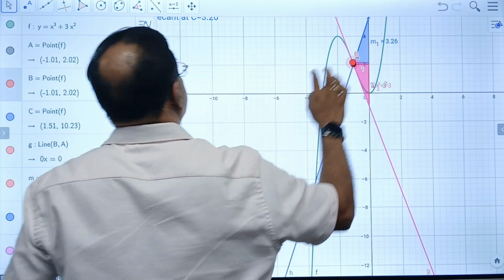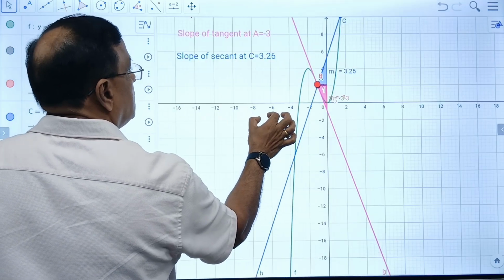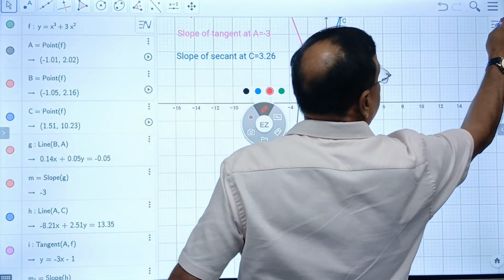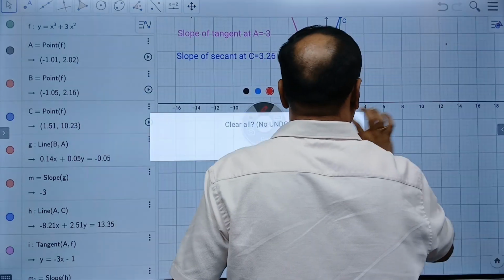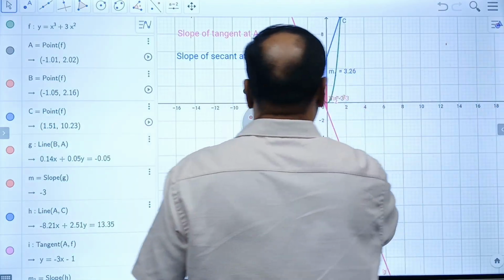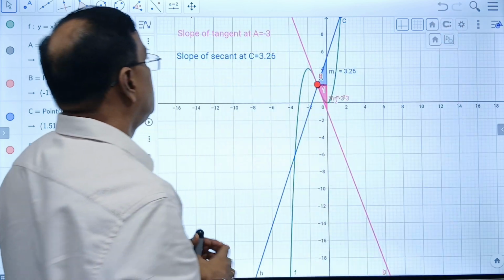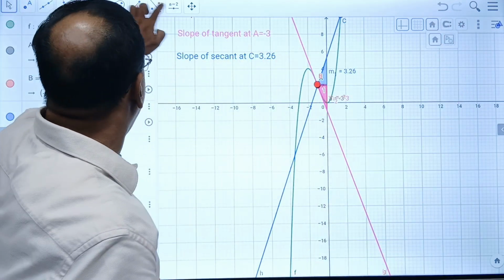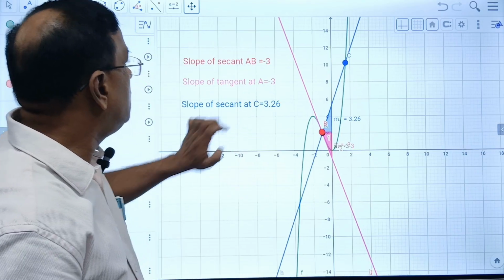And you can see clearly my slope is actually, let me see this. Just a second. Now look at this.